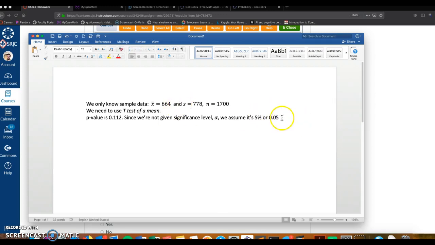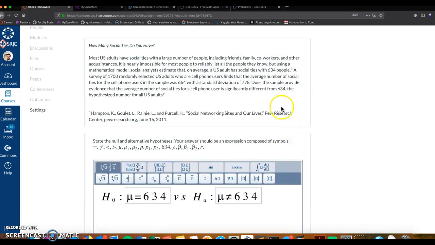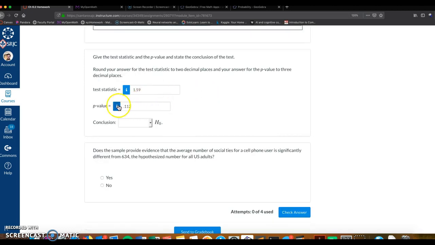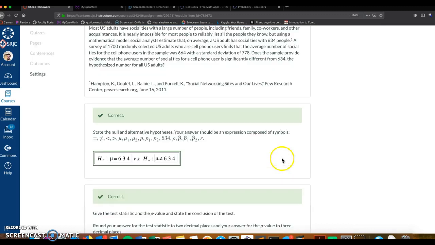I always make that assumption unless we're given a specific significance level. Check. Yep, we're not given anything. So my p-value here is greater than 5%, so we do not reject. Does the sample provide evidence that the average number of social ties is significantly different? That would be no. There's some evidence, but not a lot of evidence. Check the answer, and you see we got this correct.